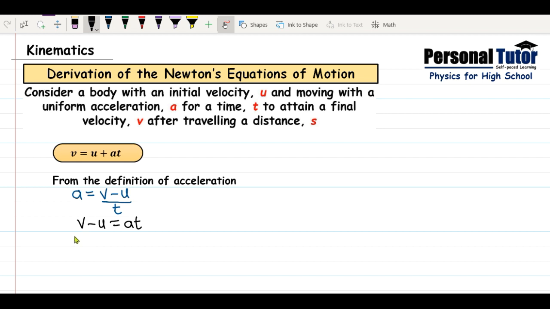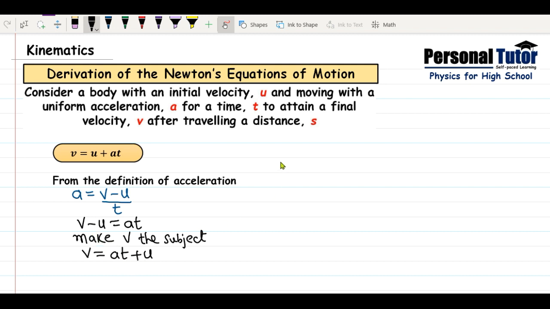v was made the subject, as I said. So make v the subject of the relation, meaning you will have to cross the other side, and that will be v equals at plus u, plus because it was originally negative.